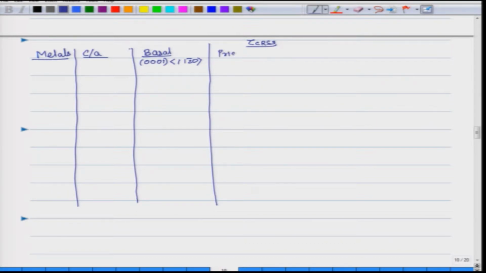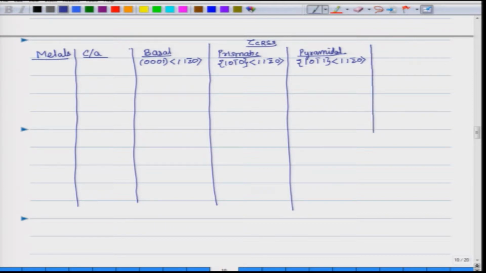Then we will look at prismatic, which is the second most preferred one. Then pyramidal, and the c plus a type.